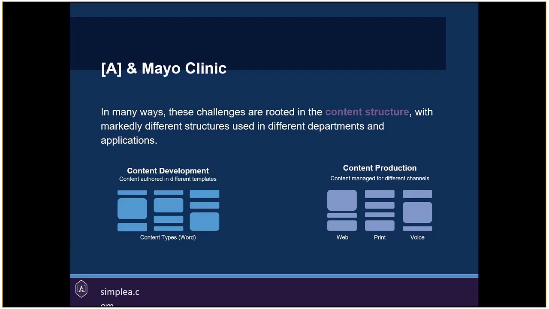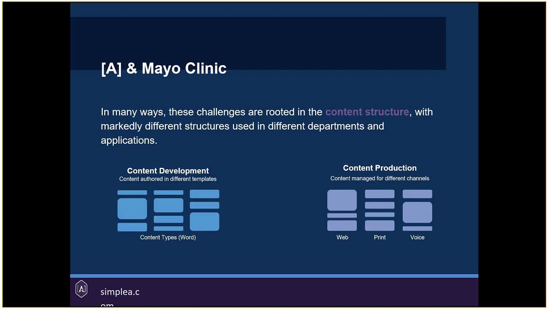So for instance, if you think about the content development process, we have a number of different departments producing a number of different content types. Each of those content types in different and isolated content templates. They had no means of specifying the relationships between the different pieces of content in each of those templates.